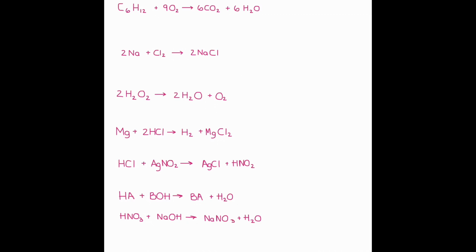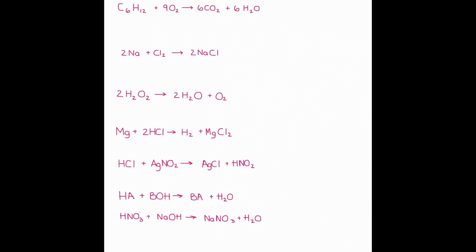Known as a single replacement reaction, this type of reaction occurs when a pure element switches places with an element in a chemical compound. Essentially, the two atoms switch places where one of the atoms isn't stuck to anything else. The general form of this reaction is A plus BC equals B plus AC.